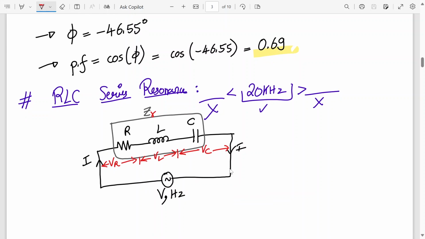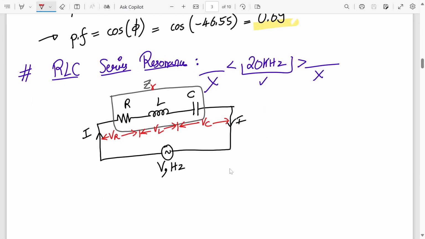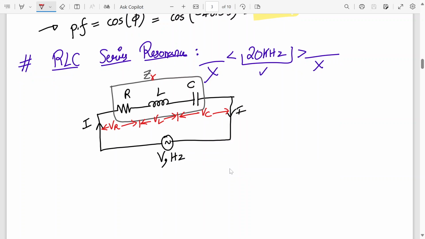So in a series RLC circuit, we have inductance and capacitance also. So can you tell me when is the circuit capacitive or inductive? This is series RLC. ZR is the circuit impedance at resonance.